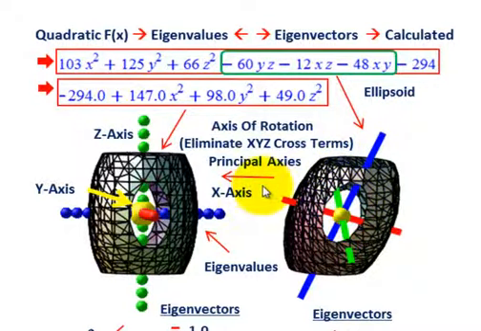By calculating our eigenvalues and vectors, we can come up with a new function. We can define that quadratic function with just our x, y, and z squared terms, and our function becomes nice and squared up for the x, y, and z axes compared to what we had over here when we started out with our original function.